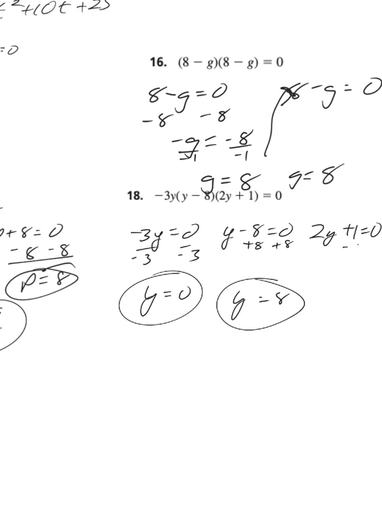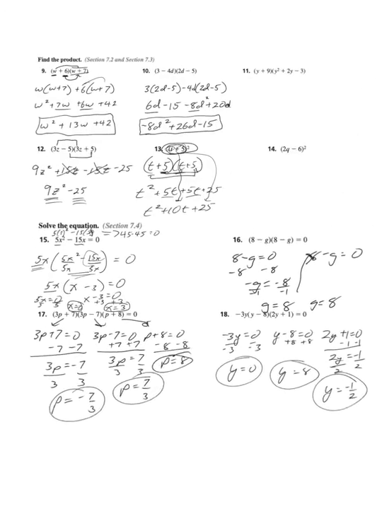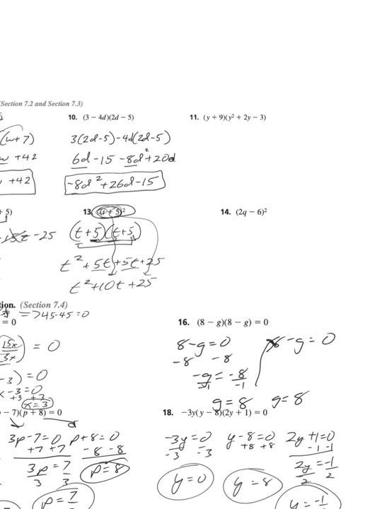And then for the last one, subtract 1 and divide by 2, so you get y equals negative 1/2. I'm hoping that most of this came back to you guys, and this is review. It looks like we missed a couple questions on the top.